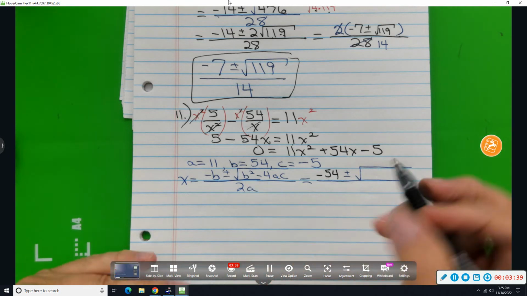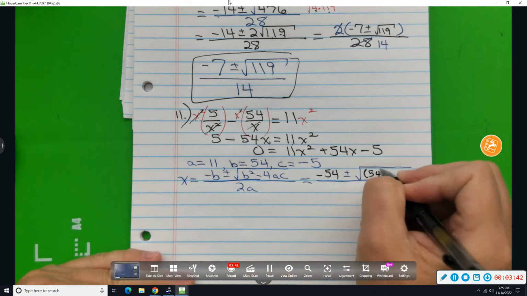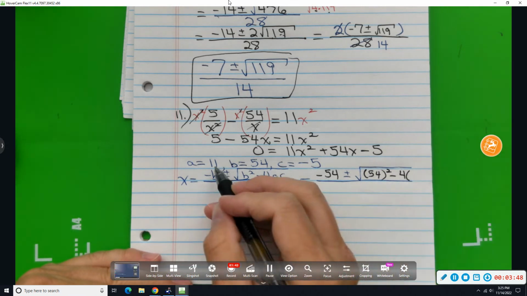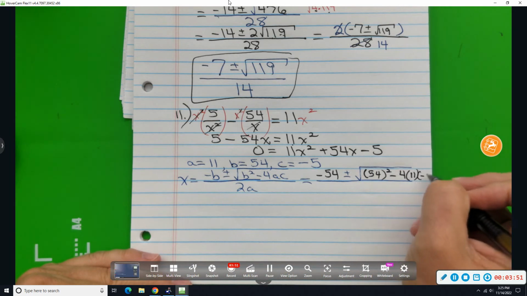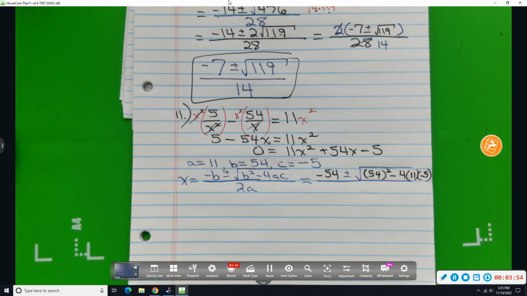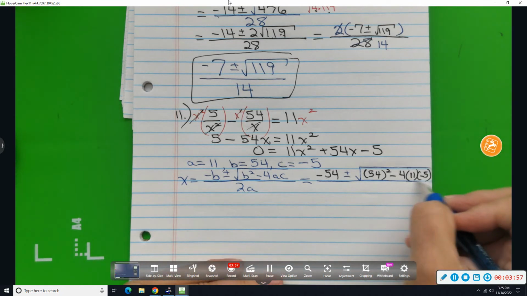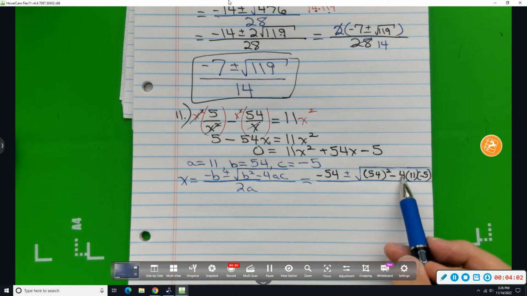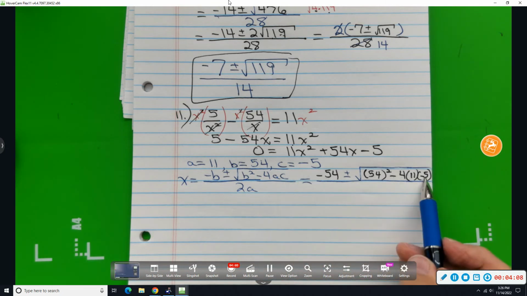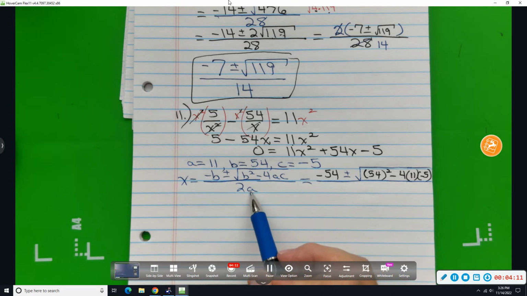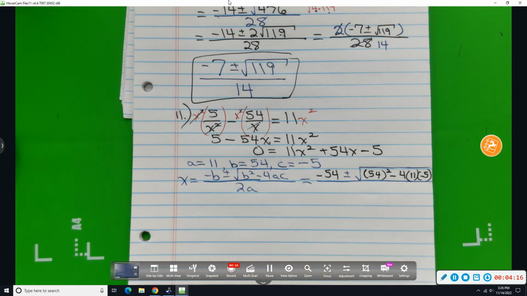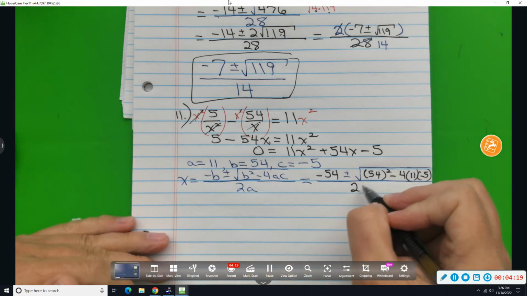And then b squared, I better dig up my calculator, minus 4 times A times C. Sorry, I'm having to squeeze that in there. Can you see what I have? 54 squared, that's b squared, minus 4 times A, 11, times C, -5, all over. What's the denominator going to be? 2 times A, 2 times 11 gives me a denominator of 22.